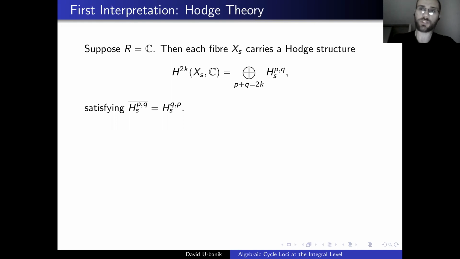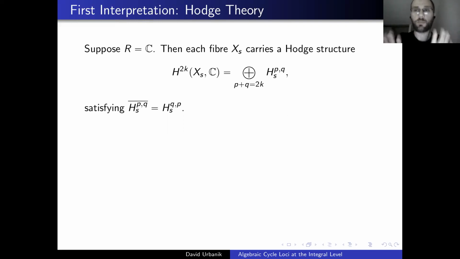One way of thinking about it is using, for example, topological complex de Rham cohomology. The different subspaces then have certain representatives in terms of certain anti-holomorphic and holomorphic harmonic forms.